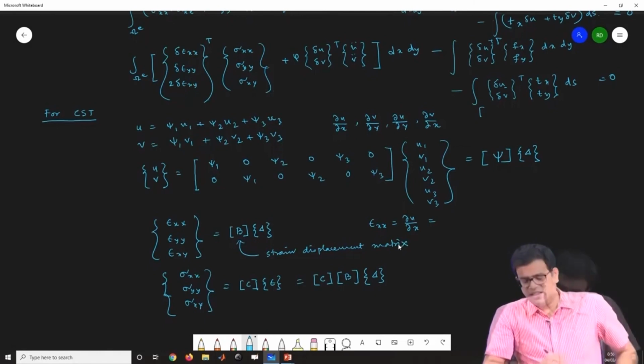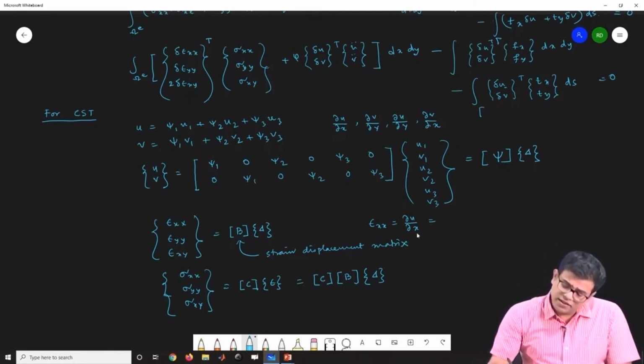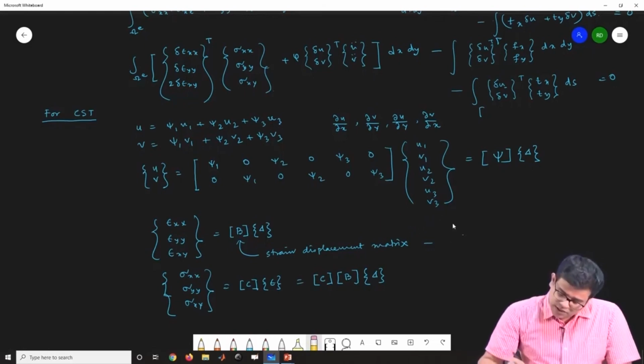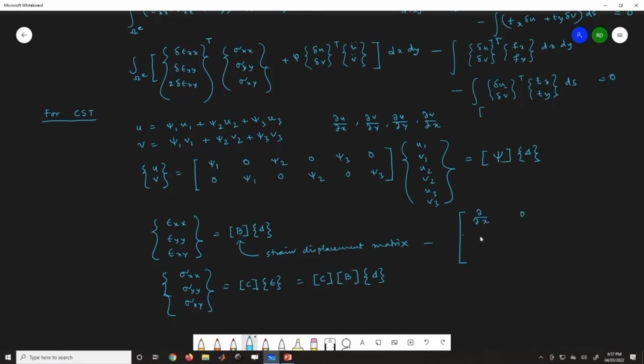This strain displacement matrix we can also write in this form: the strains we can write as del x, 0, 0, del y, then del y, del x, multiplied by u and v.